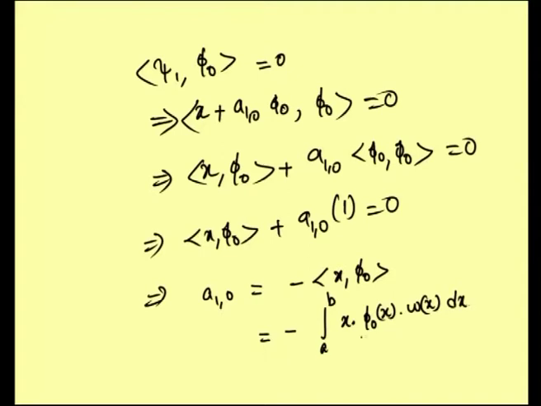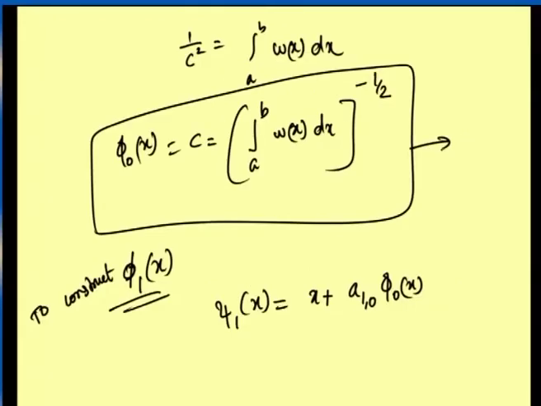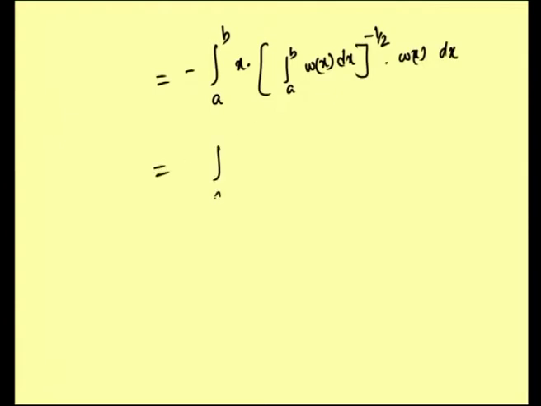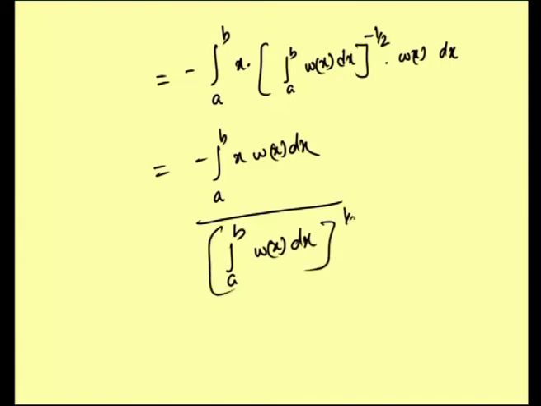But what is our phi naught? According to equation 1, phi naught is integral a to b w of x dx whole power minus half, isn't it? So it equals minus integral a to b x into integral a to b w of x dx whole power minus 1 by 2 into w of x dx. This is equal to minus integral a to b x w of x dx divided by integral a to b w of x dx whole power 1 by 2.